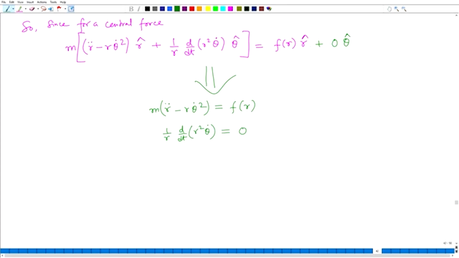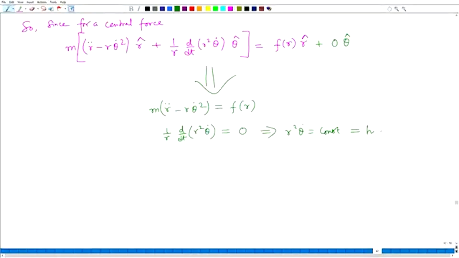Okay. So, if I do that, this gives me something interesting, that r square theta dot is constant. I can call that h. Now, my question to you is, is this constant a new constant of motion, or is this something which we already know?